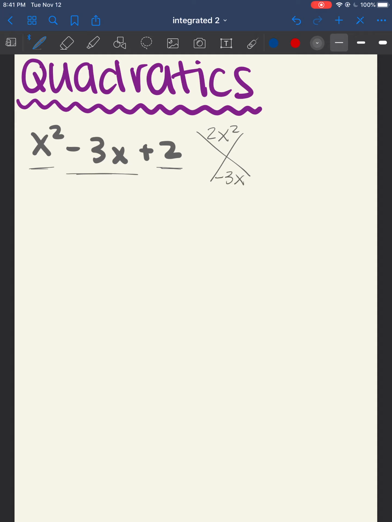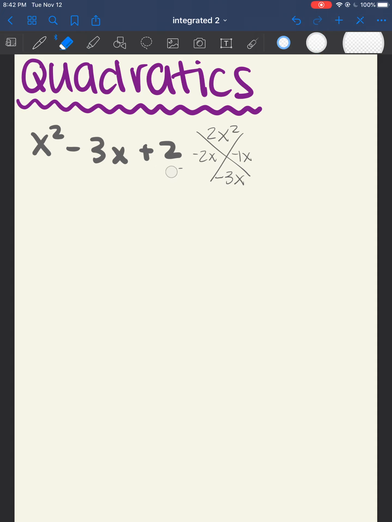Now, your goal is to figure out what multiplies to get 2x squared, but adds to get negative 3x. You guys have done this on multiple tests. I don't think you have trouble with this. So for this, your factors would be negative 2x and negative x, or negative 1x, if that helps you visualize it better.